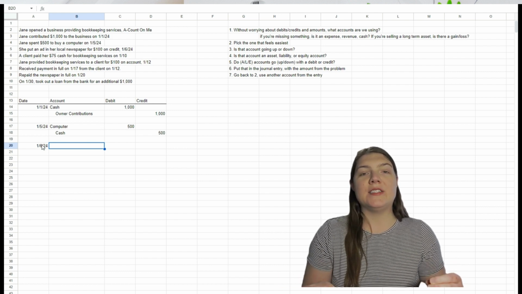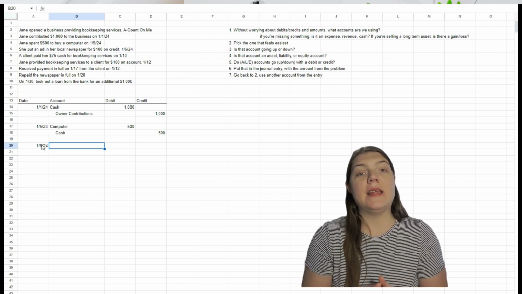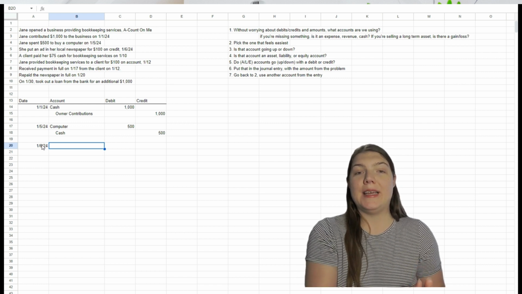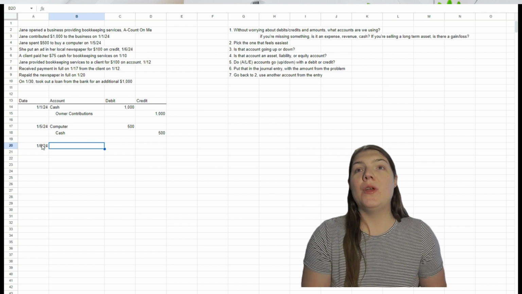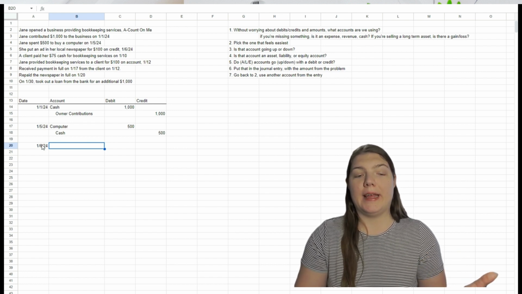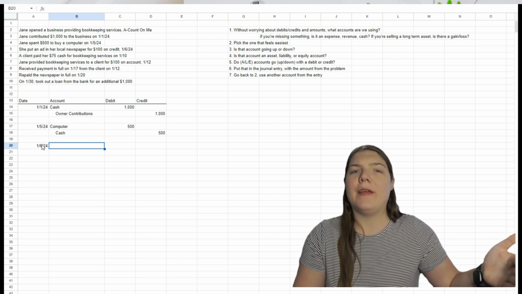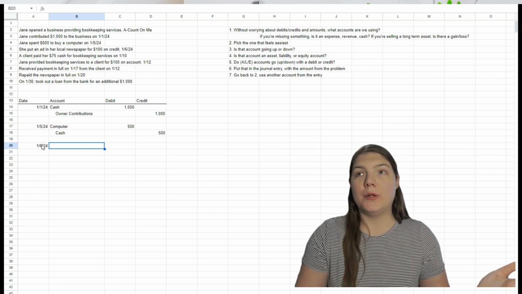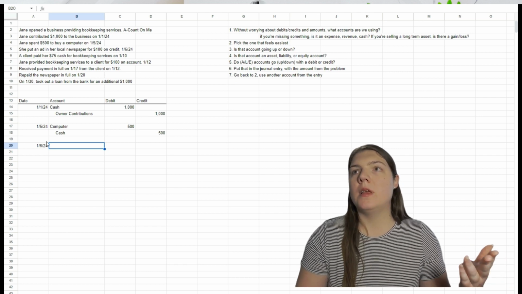My best advice is to just not overthink it. If it's money that you have to pay, it's accounts payable. If it's money that you have to receive, it's accounts receivable. So in this case, she puts an ad on credit. It's someone that we have to pay for putting the ad in the paper. And since we have to pay it, it's accounts payable. We'll start with that one.